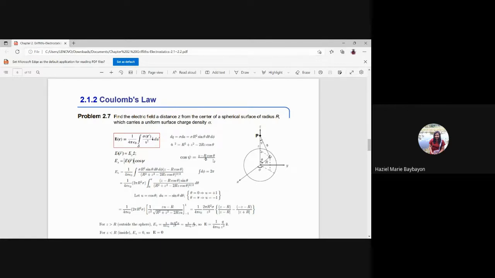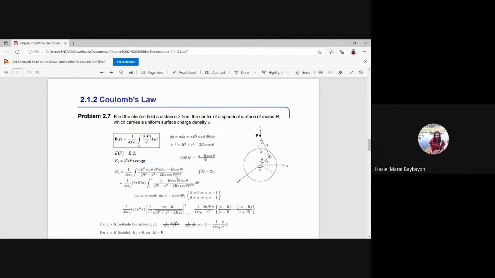Substituting this into our equation, the magnitude of ER is 1 over 4 pi epsilon naught multiplied by the integral of sigma r squared sine theta d theta over r squared, where your r squared is r squared plus z squared minus 2rz cosine theta. And then multiply this with the cosine of this angle, so it is equal to z minus r cosine theta over r.